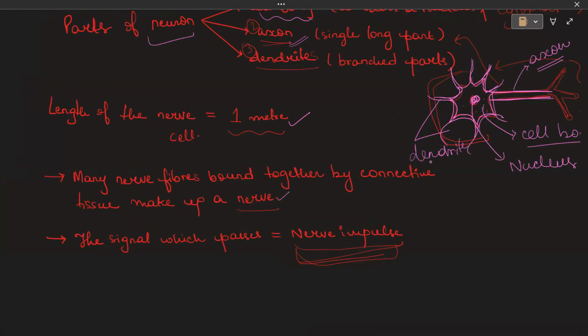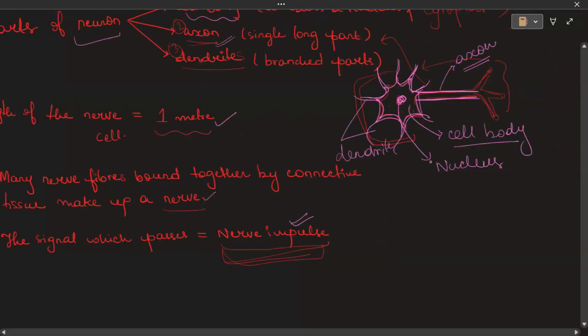And whatever signal is being transmitted or brought to the cell body, that signal is known as the nerve impulse. Is it clear to everyone? Yes. Any doubts? No, ma'am.